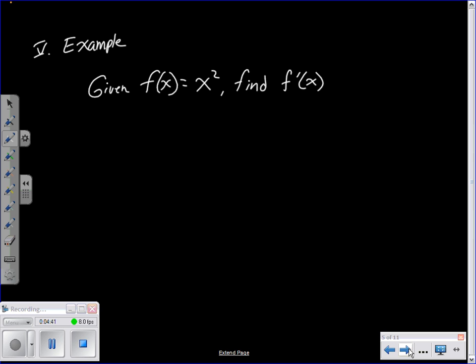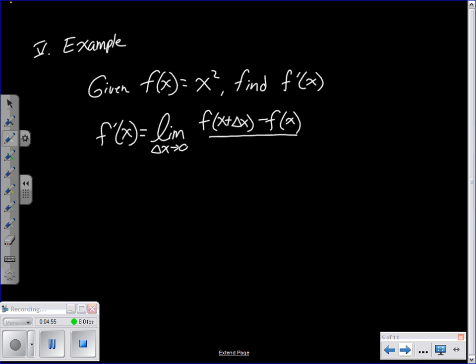We're going to say f prime of x equals the limit as delta x, or the change in x, goes to 0 of f of x plus delta x minus f of x, divided by delta x. So what is f of x plus delta x?